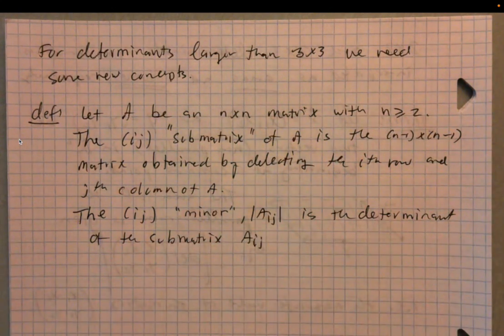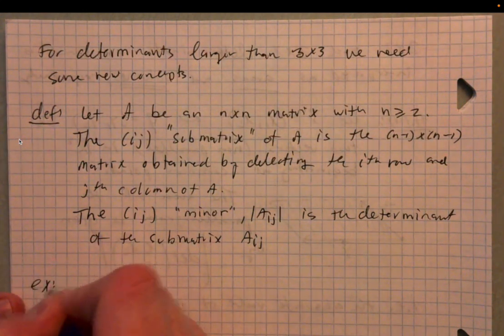So this may seem like a lot of running around, but the actual definition for the determinant is going to involve these concepts. We just have to make sure that we know what they mean. Okay, it's actually relatively straightforward, right? So let's start with an example here.